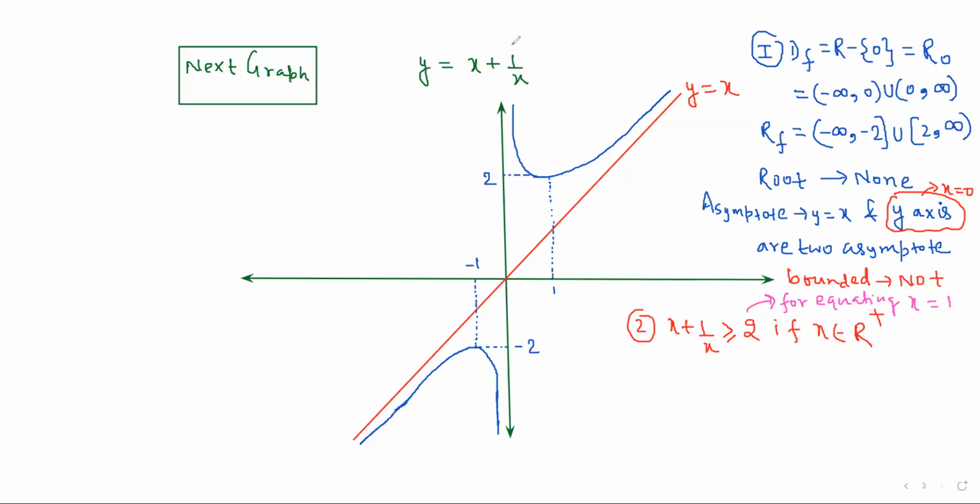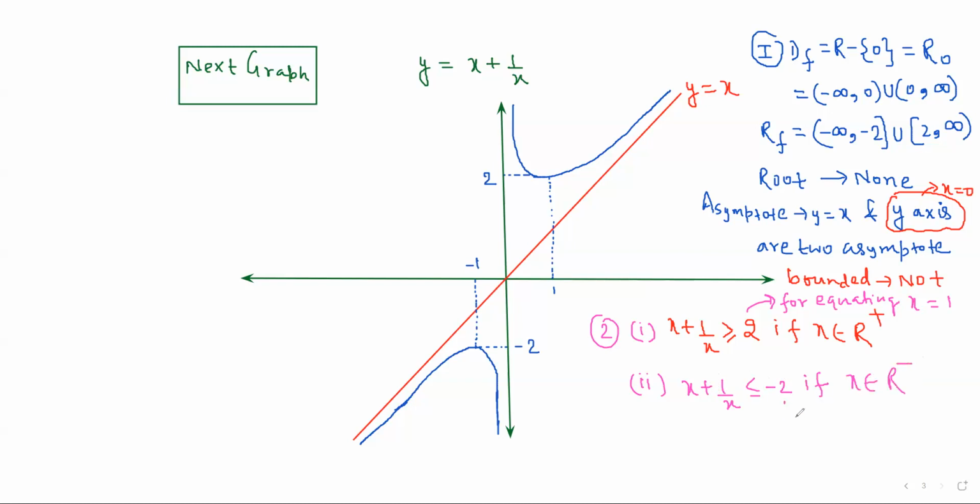Point number 2 is that x plus 1 by x is always less than or equal to minus 2 if x belongs to negative real numbers.